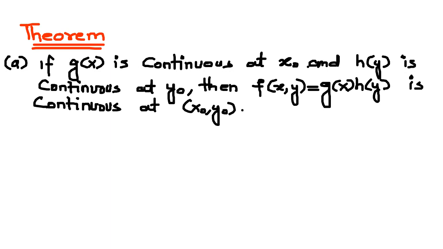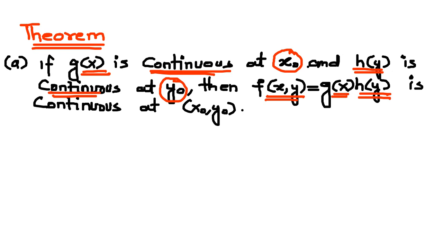Okay, if you have any two functions, for example this function is continuous at the x naught point, and you have h of y, which is continuous at y naught. And if you choose any function which is the product of these two functions, then it must be continuous at that point.